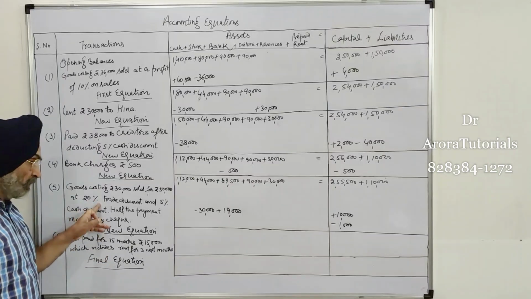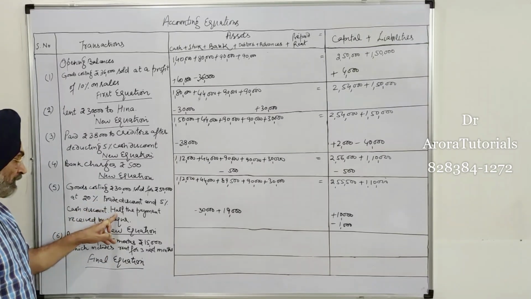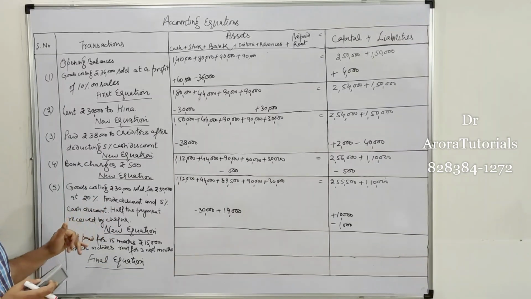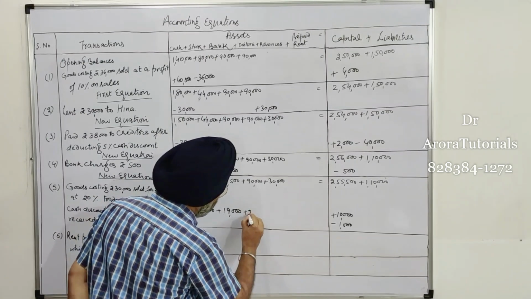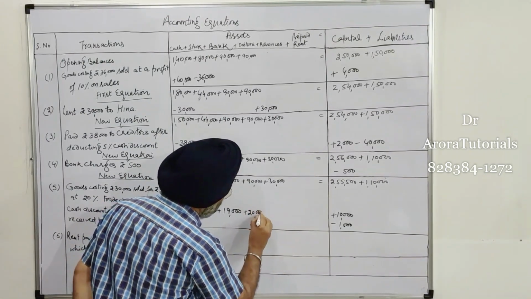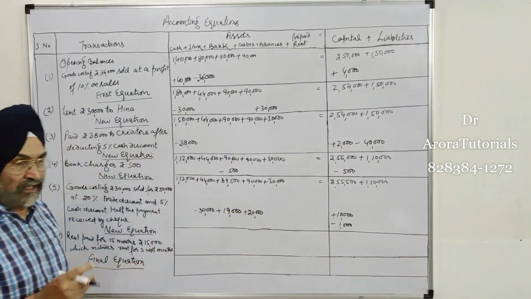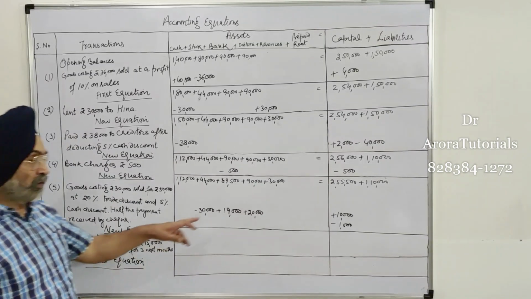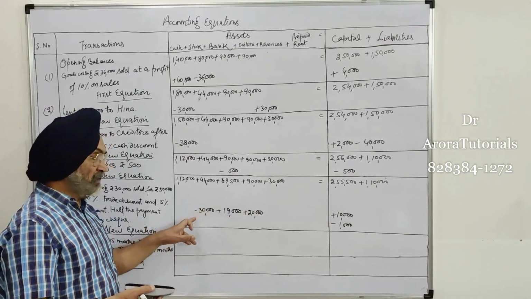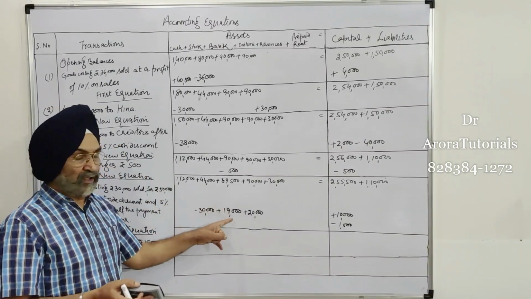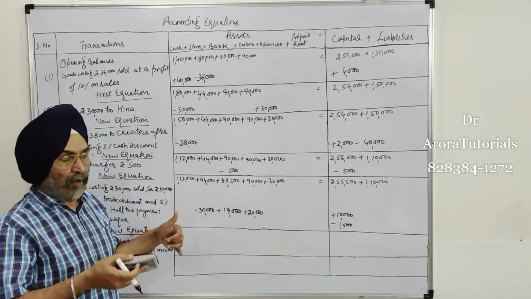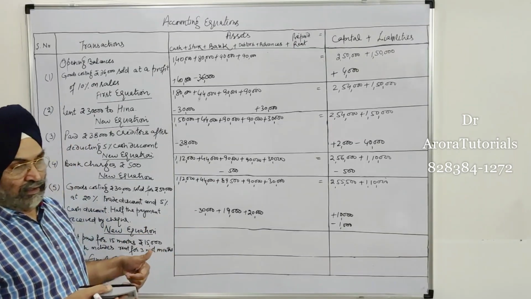So out of 40,000, half the payment is received, half the payment is not received. And the payment which is not received, that is our debtors. That means it is a credit sale. And here one thing you have to remember, trade discount is on the total sale price, while cash discount is on the amount being received.